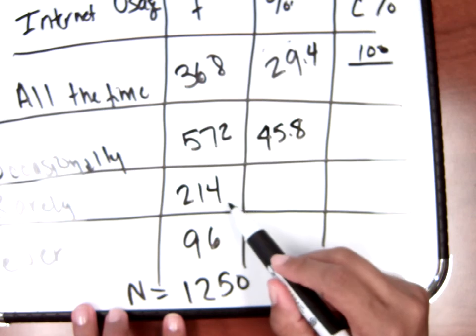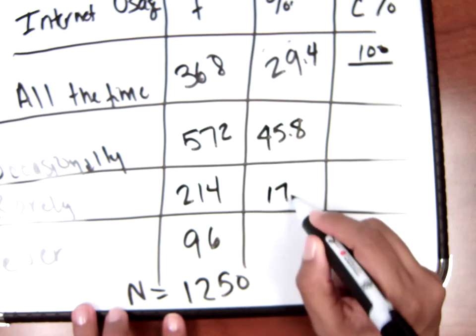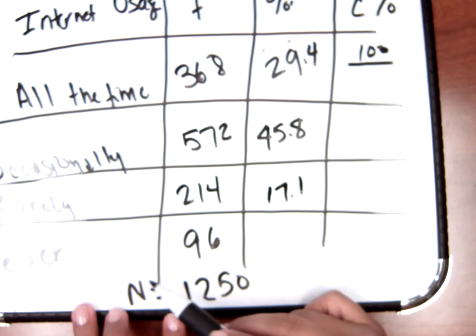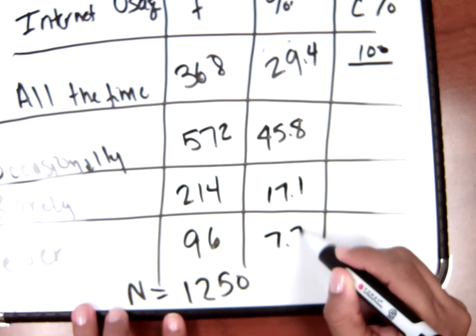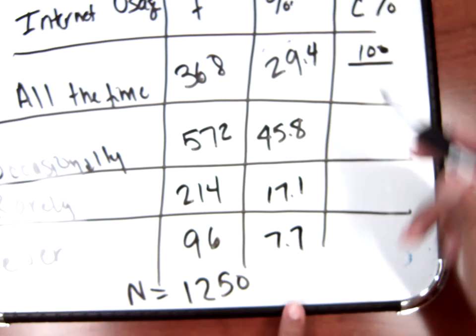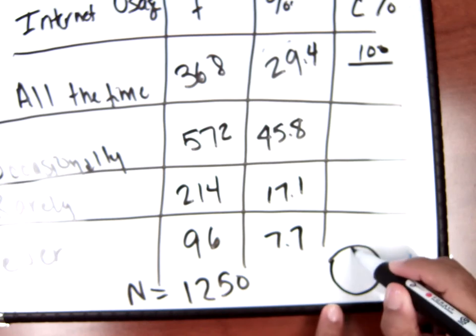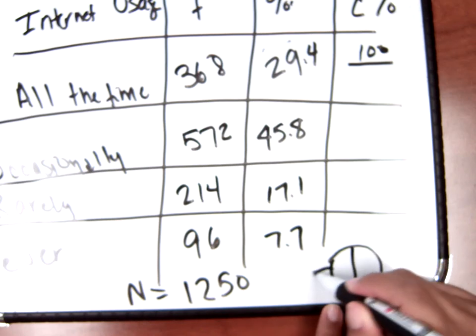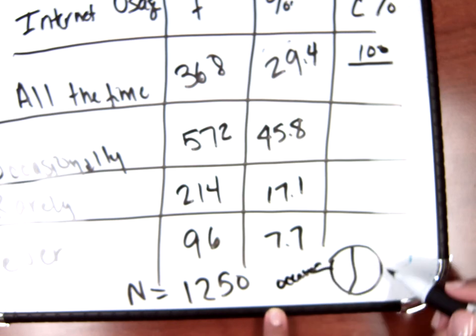This column here is going to be 214 divided by 1250, which is going to be 17.1. And then for the never column, 96 divided by 1250 is 7.7. So if you're thinking of a pie chart, which you've seen before, nearly half of our people, this would be the occasional users, at 45.8.